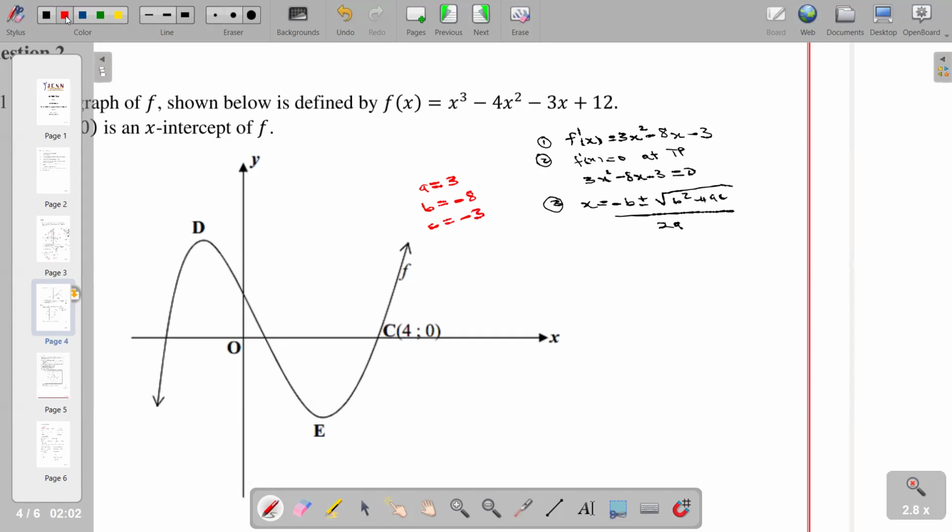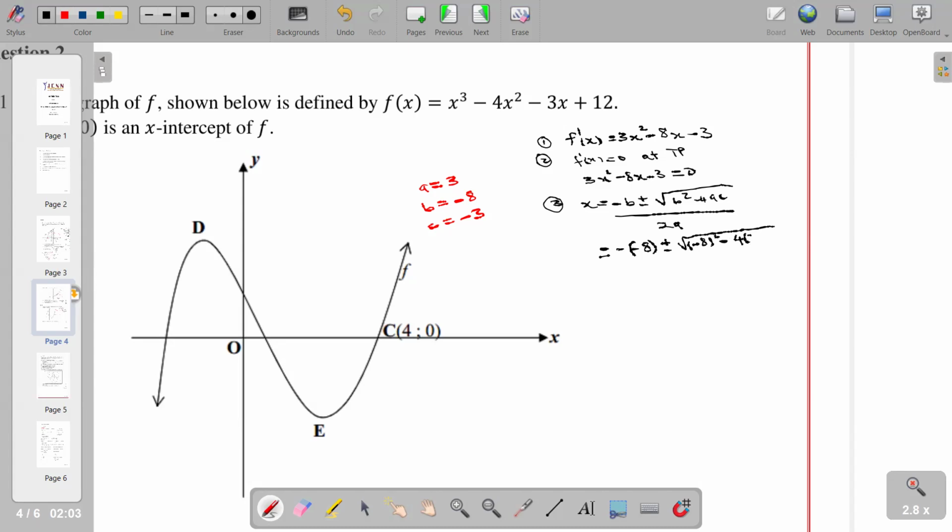Just substituting those values, our x will be equal to minus b. But what's our b? We said it's negative 8, plus or minus the square root of b squared, so it's negative 8 squared, minus 4a.